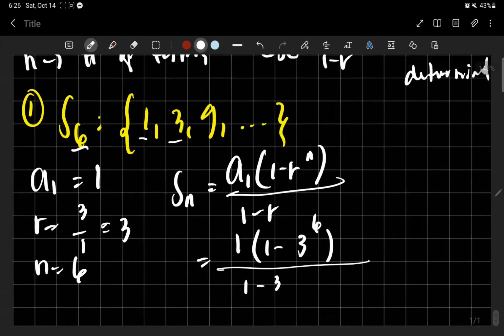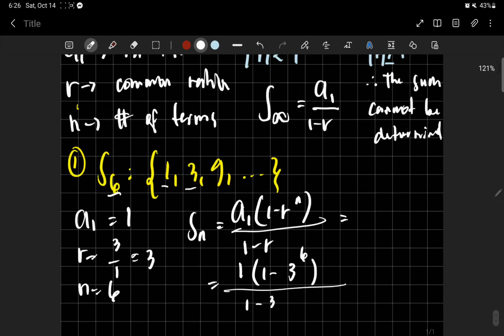Then you simplify. 1 minus r raised to 6, simplify muna natin yung 3 raised to 6. Okay, so that is, ilan? 3 raised to 6, that is 729. Nakuha. And you have here 1 minus 729 times 1 over 1 minus 3, that is negative 2.